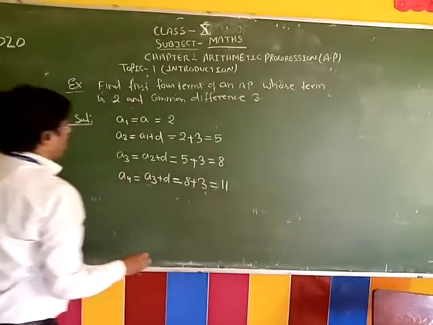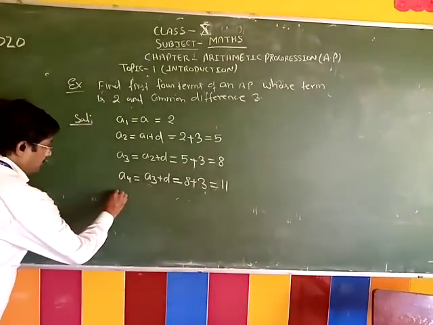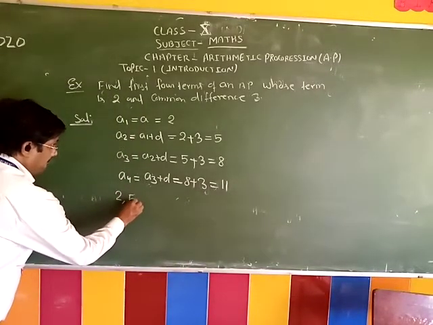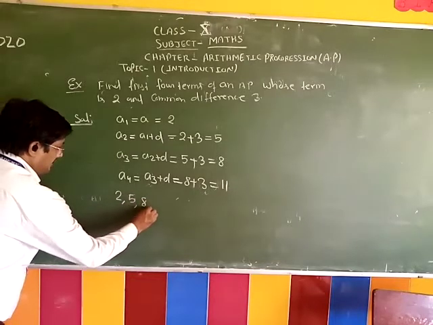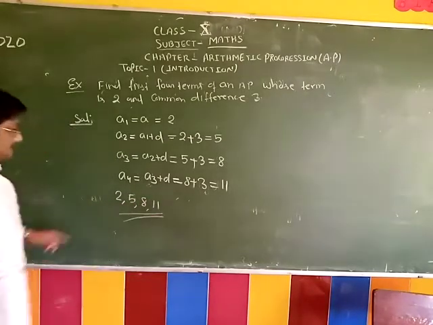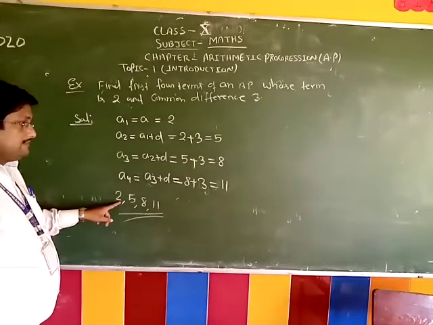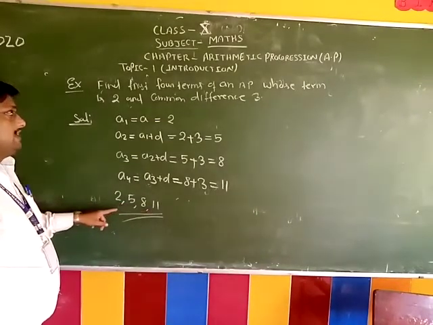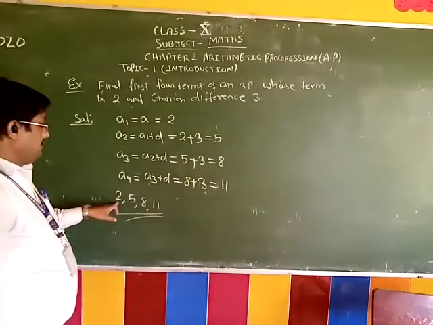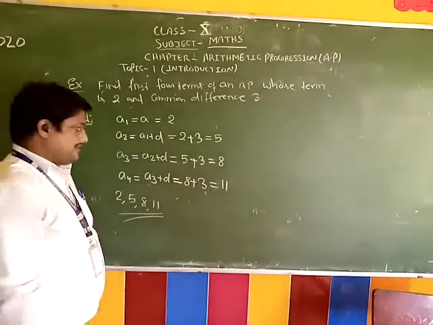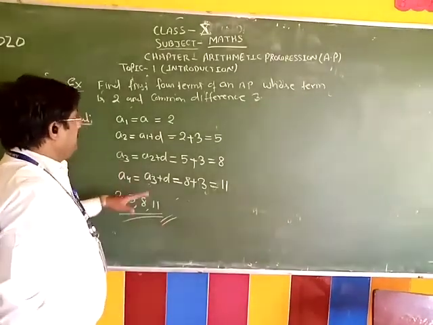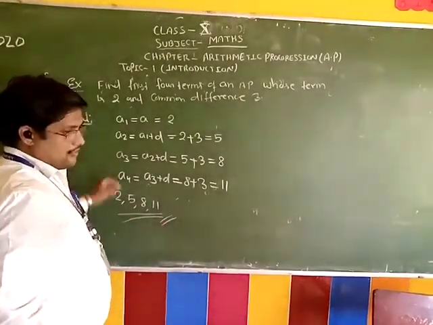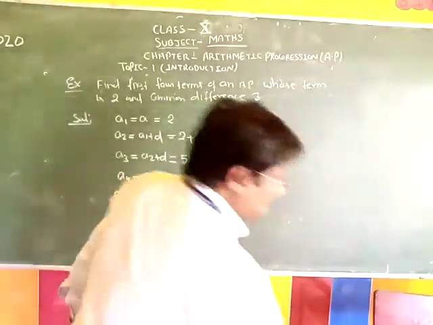So the first four terms are 2, 5, 8 and 11. These are the first four terms of the AP whose first term is 2 and common difference is 3. Now find the AP by using this process. Okay.